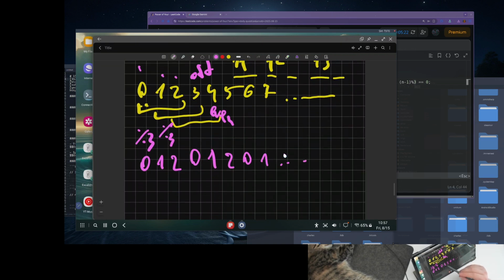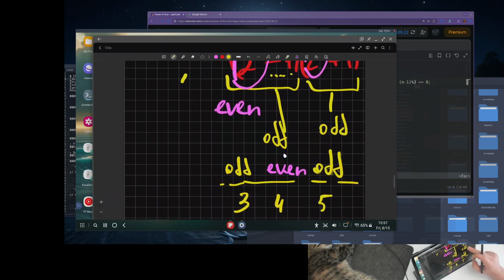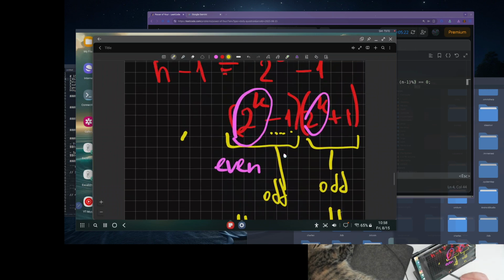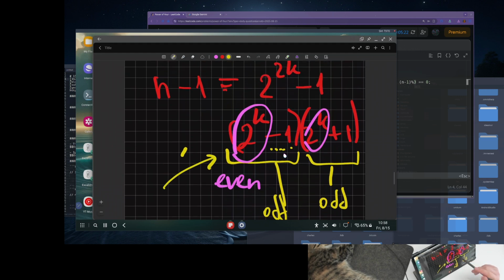And when we look at this pattern, we see that in every window, in every triple, there is a number that is divisible by 3. So it is always present in every sliding window. So basically, among these three numbers, one of them is always divisible by 3.